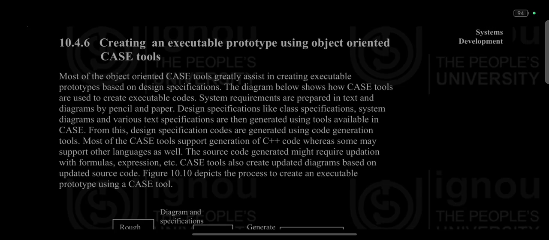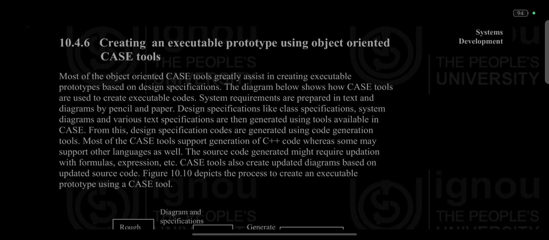Section 10.4.6, creating an executable prototype using object oriented CASE tools. Most of the object oriented CASE tools greatly assist in creating executable prototypes based on design specifications. The diagram below shows how CASE tools are used to create executable code.